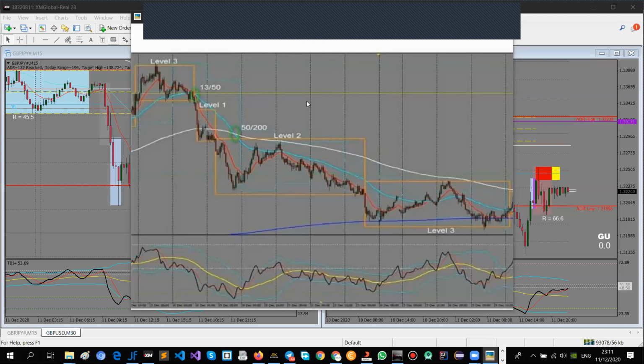For level 3, there are three ways. Firstly, the 50 and the 800 crossover. Second, the 200 and the 800 crossover. And the third one, the EMAs will be fanned out.